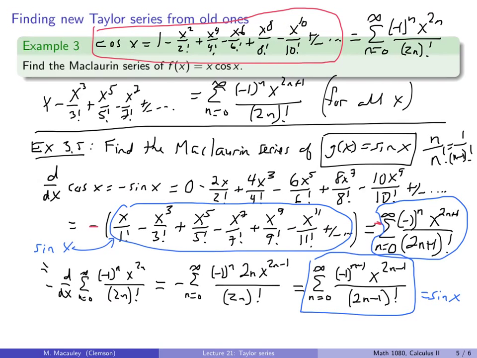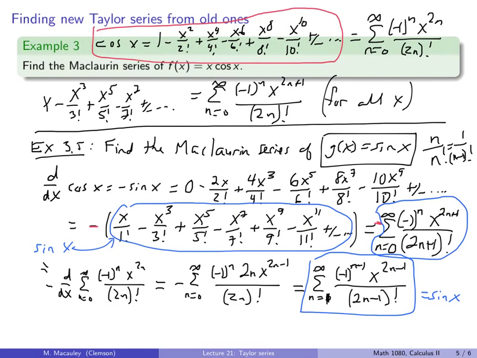So I started at n equals 0 because my first term should be x to the 2 times 0 plus 1. What did I do down here? Down here, my first term, x to the 2n minus 1, n should be equal to 1. So n equals 1 is the smallest term, so I should actually start that at 1. Why? Did I cheat? No.